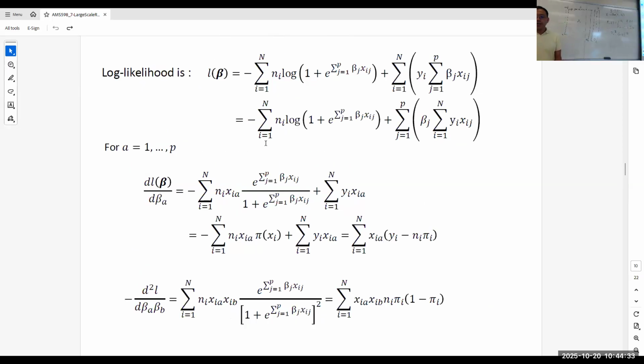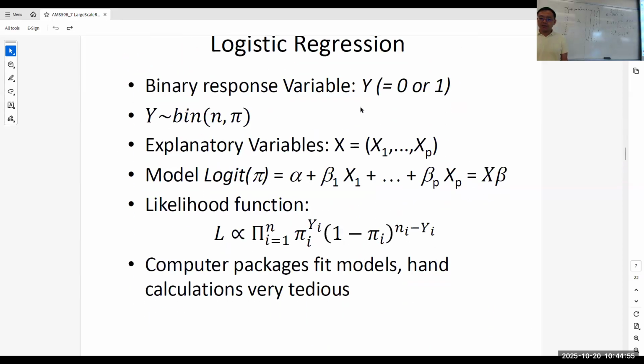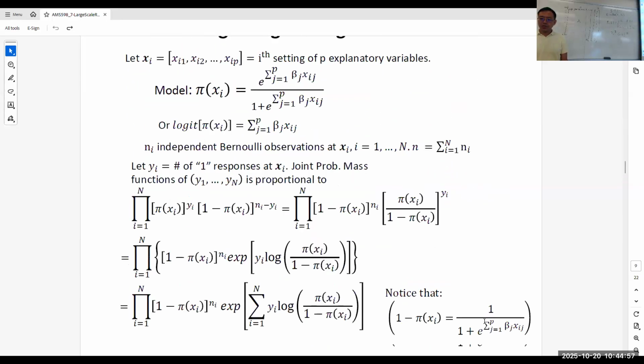Now, what you want to do is take the log likelihood. The log likelihood will be the summation i from 1 to n of the log of this guy. The negative sign is there because, remember, inside here is 1 minus pi i, and 1 minus pi is equal to this guy.